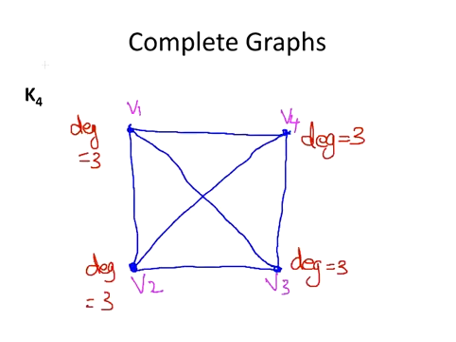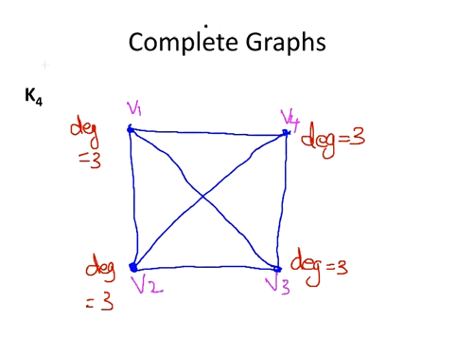Now we're going to do it for K4 and see if our rule works. So here we have K4. We have 4 vertices, each vertex has degree 3, and there are 6 edges.